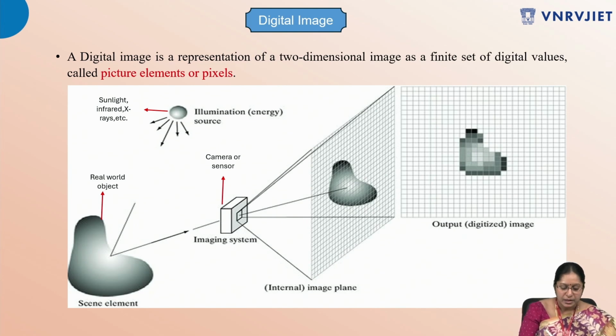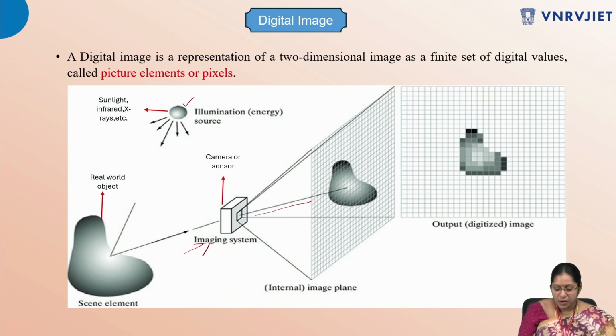The illumination energy source may be sunlight, infrared, X-rays, etc. When it falls onto the scene element, the real-world object, it is projected into the imaging system. The imaging system may be a camera, sensor, eye or any type of image acquisition.